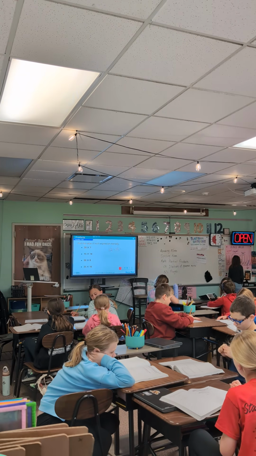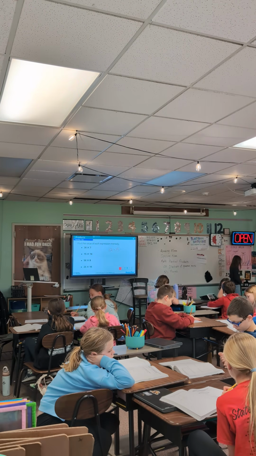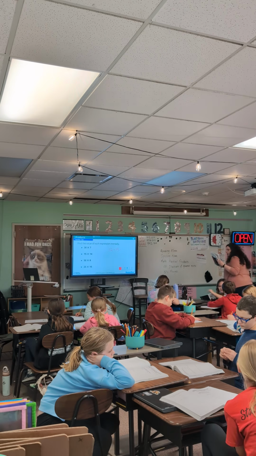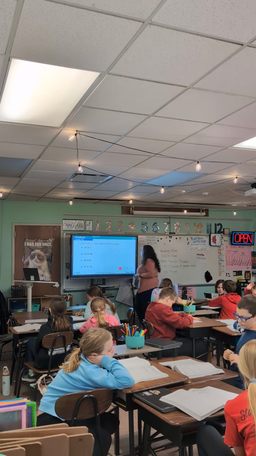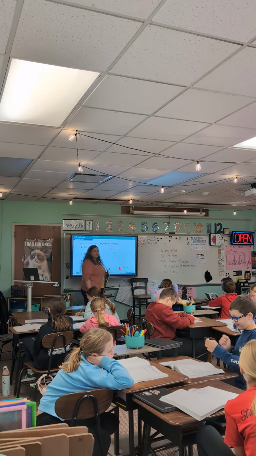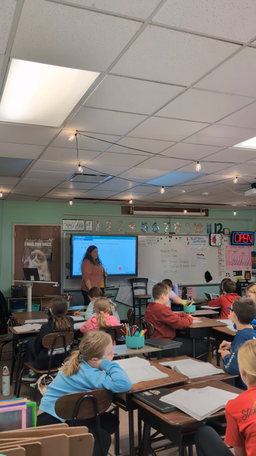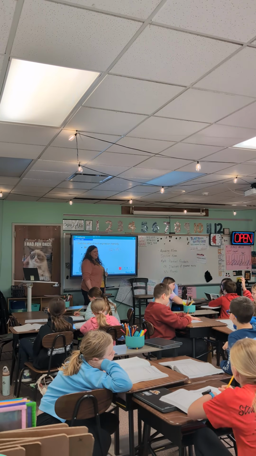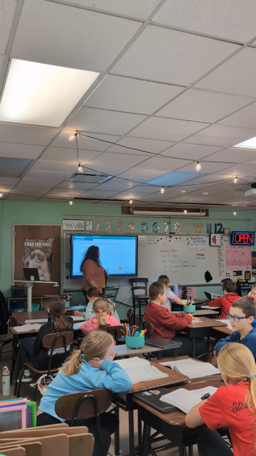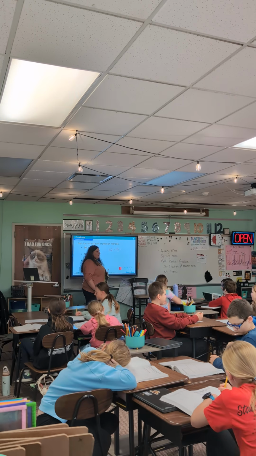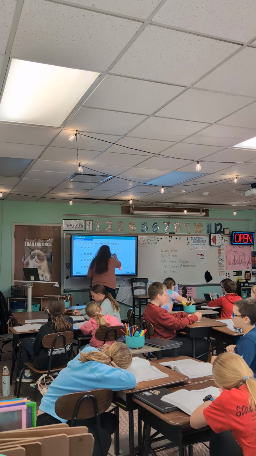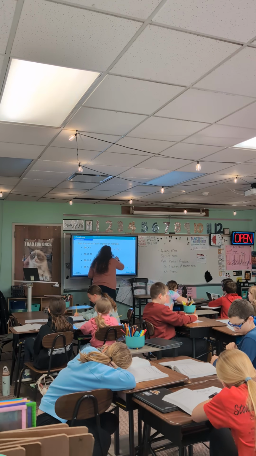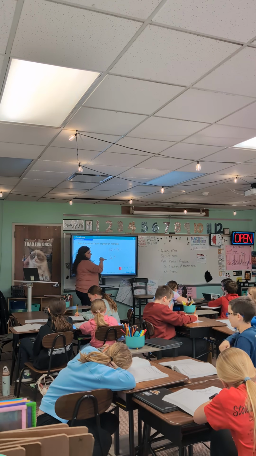What do y'all think? What should I do to that 12? Should we double that 12? Should we halve that 12? We want to do it mentally really quick. What do you think, Lane? We'll halve that 12, and now we're going to do the opposite thing to the other side.